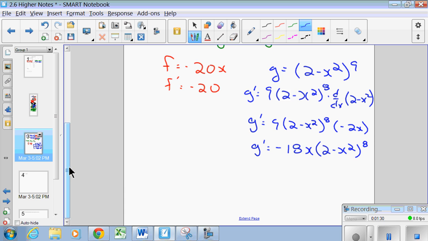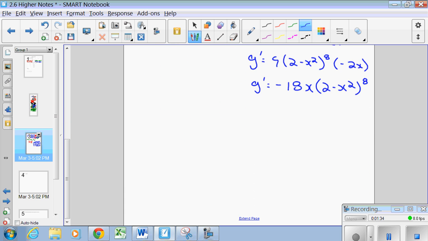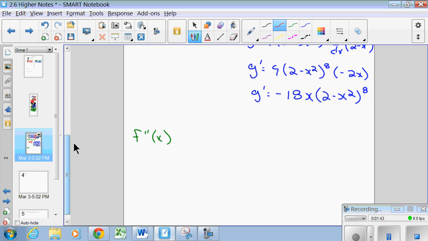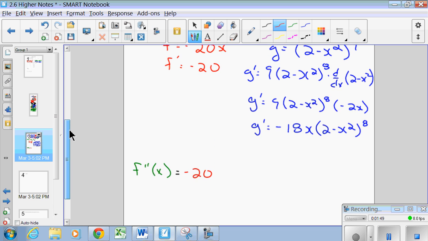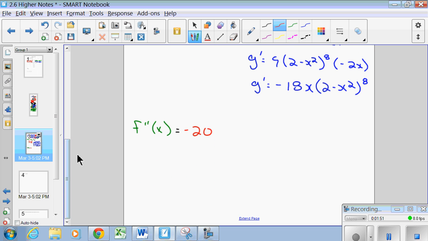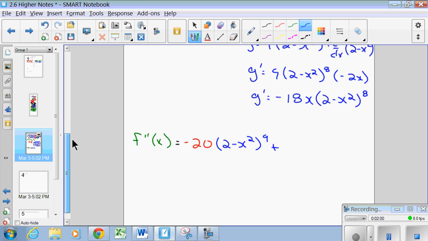Again, looking at the product rule, I think we're starting to realize when we use it, we end up having to have a lot of common factoring skills. So my second derivative: f prime, negative 20, g is 2 minus x squared to the 9th, plus f, negative 20x.